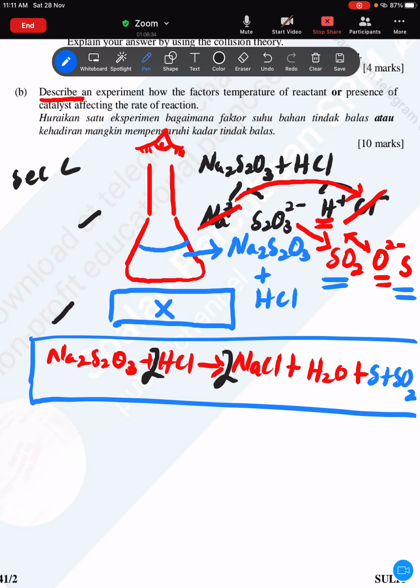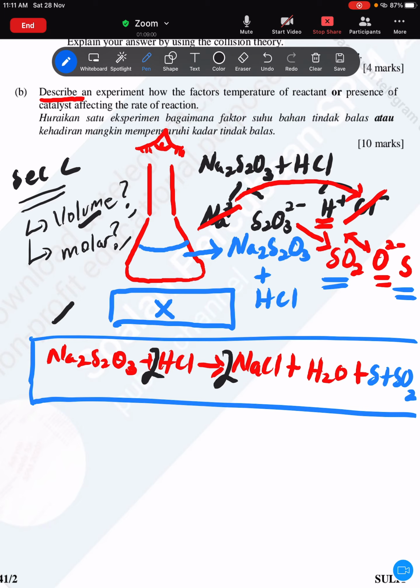What do I mean by precise? You need to mention the exact volume, and also you must mention the molar of the chemical that you are using. These two things are extremely important.